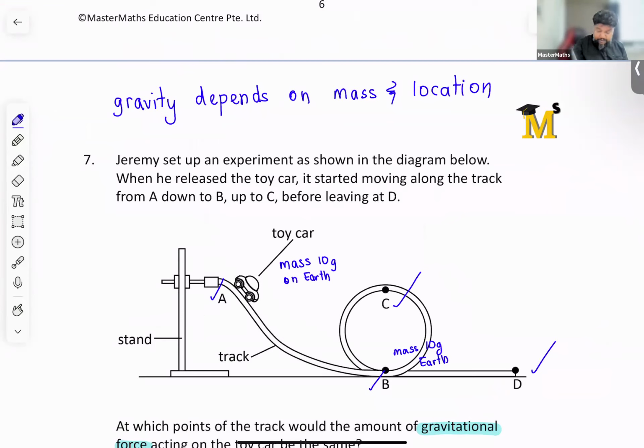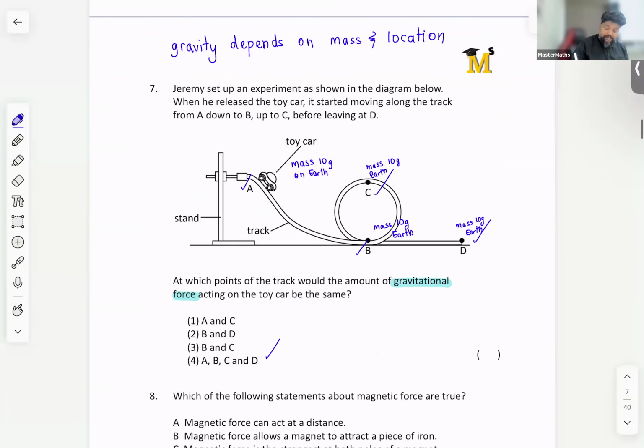At point C, what will the mass be? 10 gram. And where will the car be? On Earth. At point D, what will the mass be? 10 gram. Where will the car be? On Earth. So based on this, at none of these points did the mass change or the location change, so gravity is the same in all of them. Is that okay?